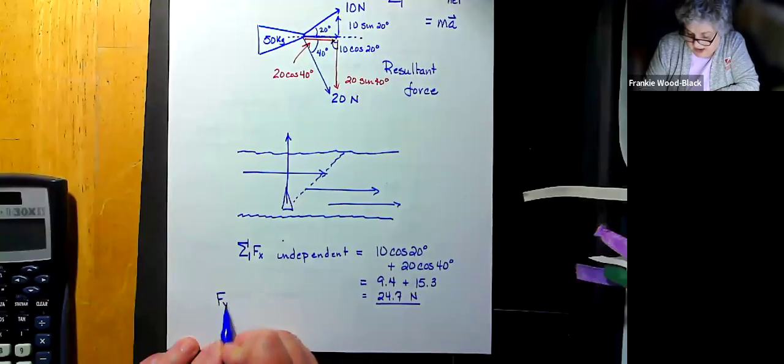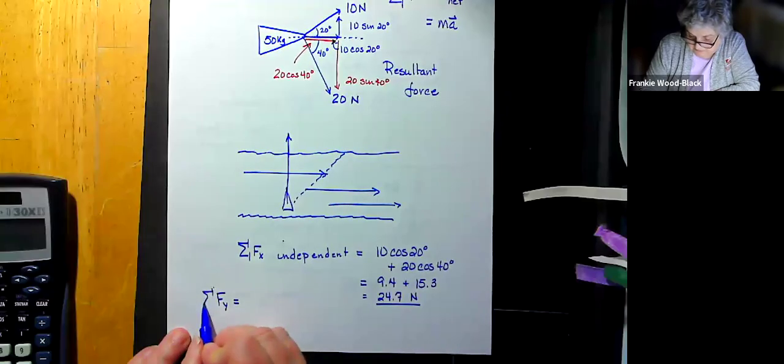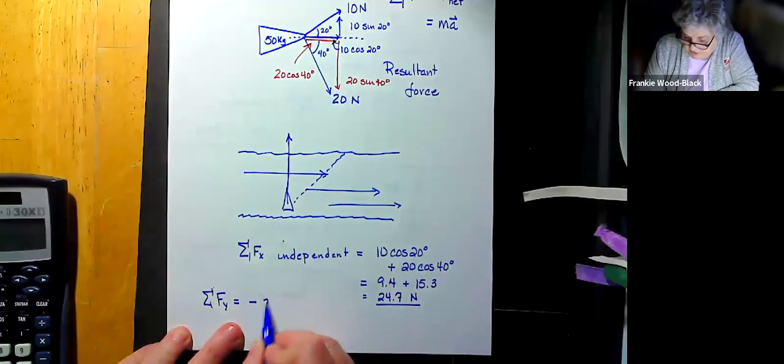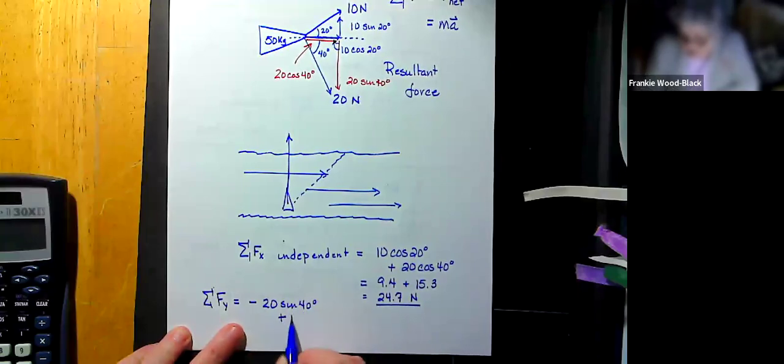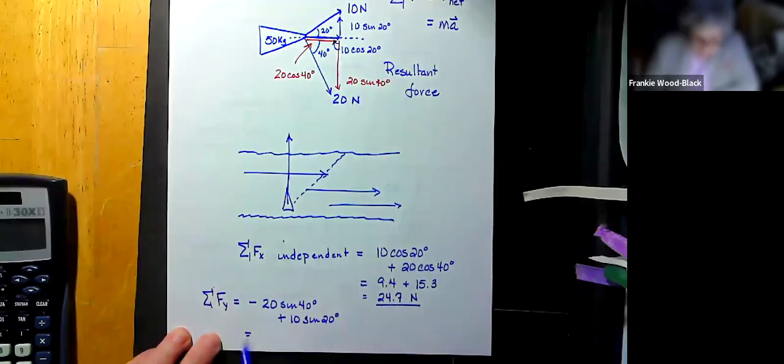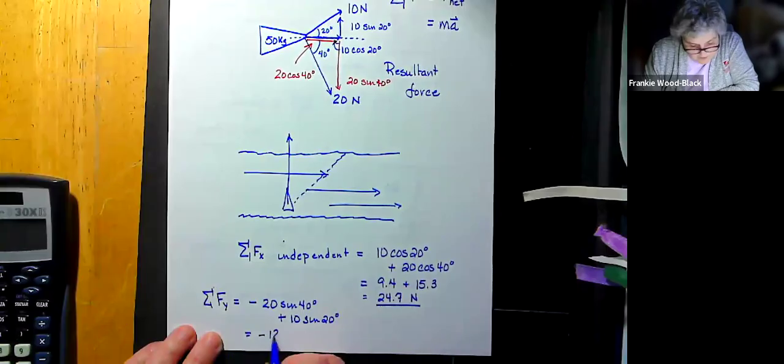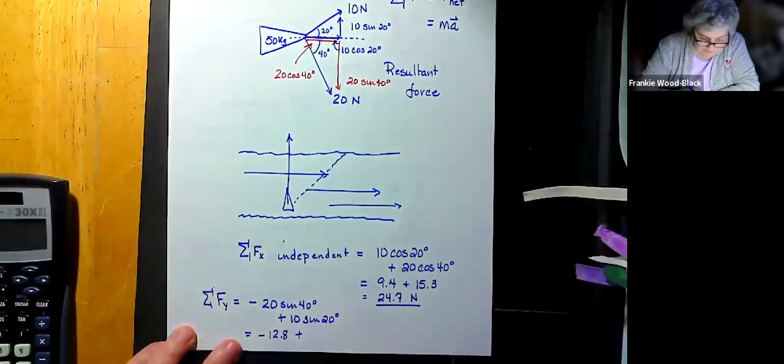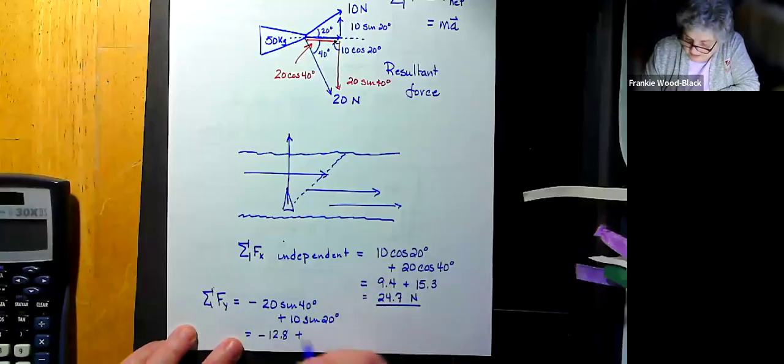The component in the y direction is minus 20 sine of 40 degrees plus 10 sine of 20 degrees. I get a negative 12.8, and I get a positive 3.4.